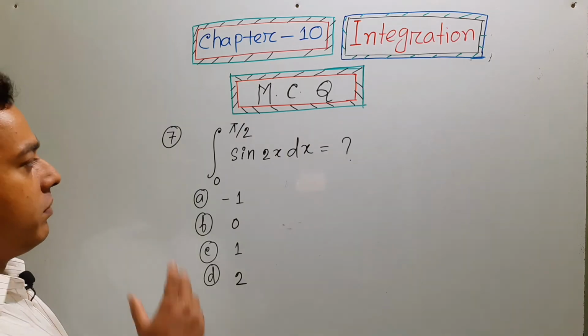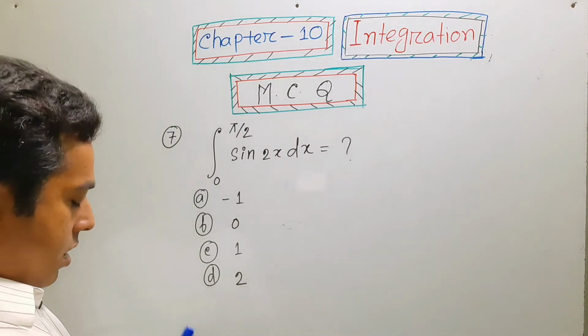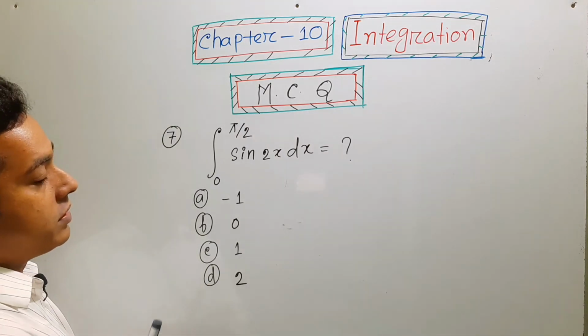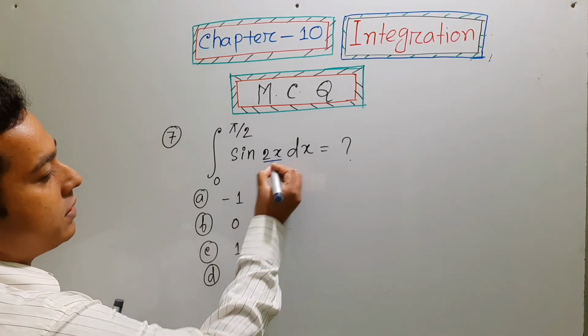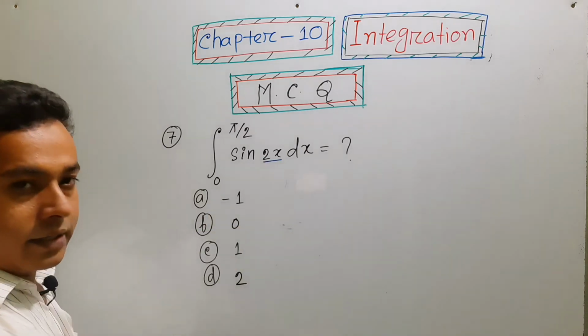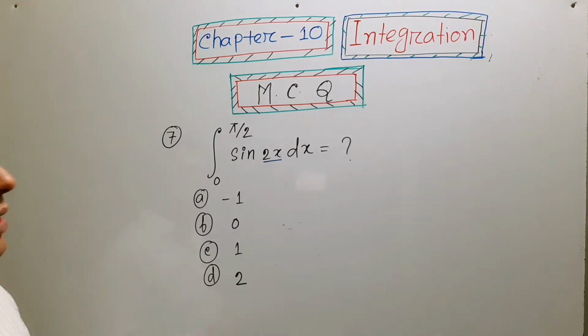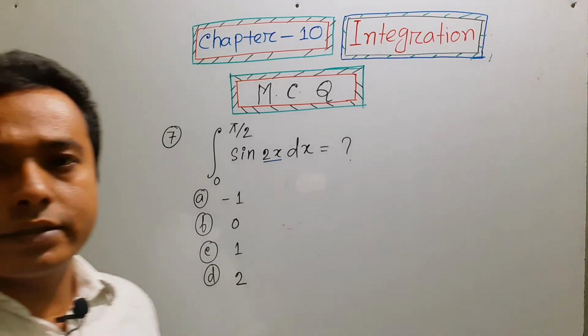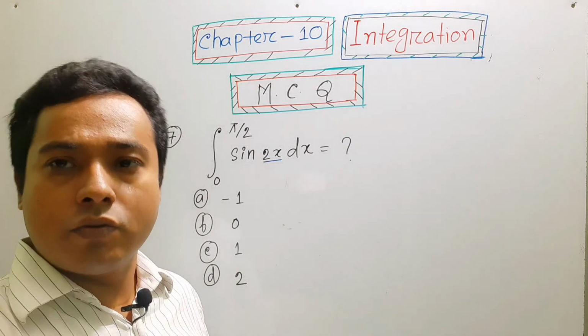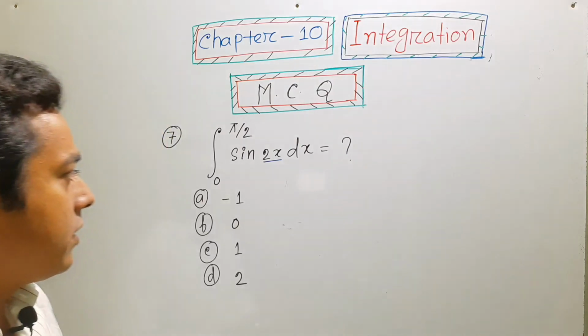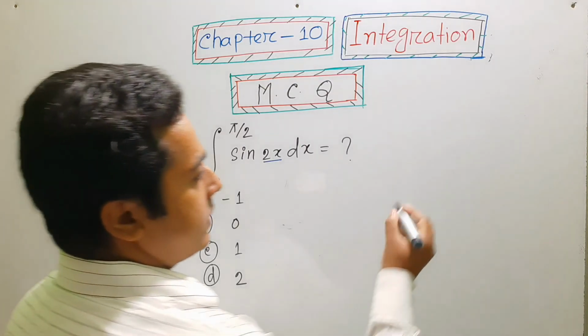Okay, now question number 7. Here you have to consider 2x will be x, then integration of sin x. Integration of sin x is equal to what? Integration of sin x is equal to minus cos x.